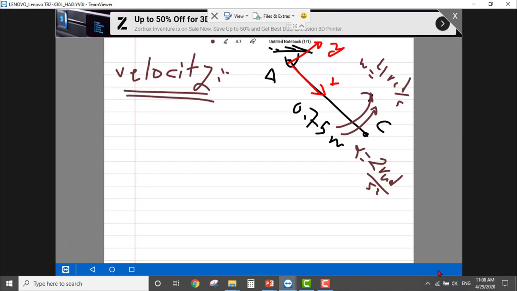So the velocity equation for this link: Vc is equal to Va plus omega cross product Rc with respect to A plus Vc with respect to A. Now, regarding the directions, let me go back to the slide.